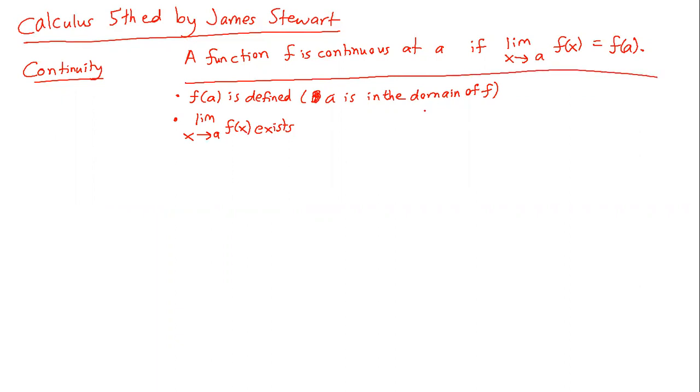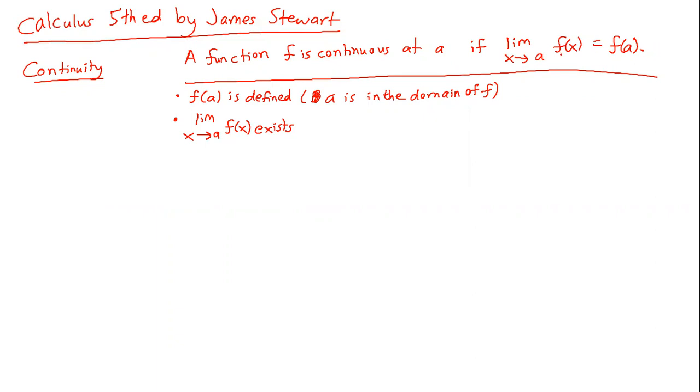It says that continuous functions have the property that if you make small changes in x, it should produce only a small change in the value of f of x.